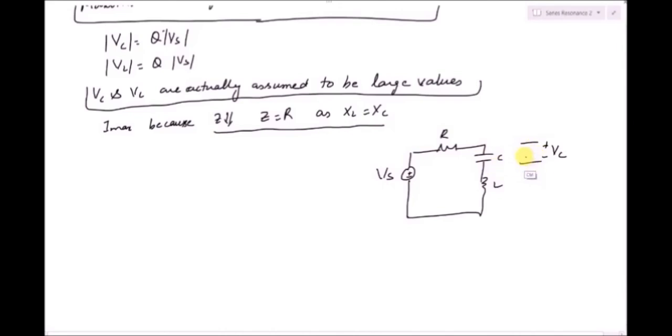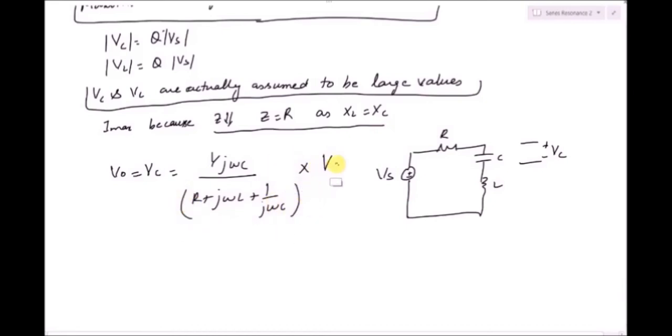If I have to find the voltage across the capacitor, I will apply the voltage divider, and by applying the voltage divider, V0, which is actually equal to Vc, is equal to 1 by j omega c over R plus j omega L plus 1 over j omega c into Vs. So this is the source voltage, capacitive reactance, inductive reactance. We are finding the voltage across the capacitor.